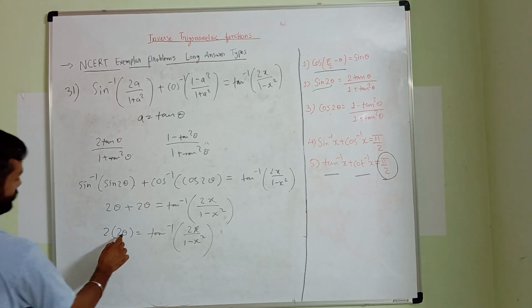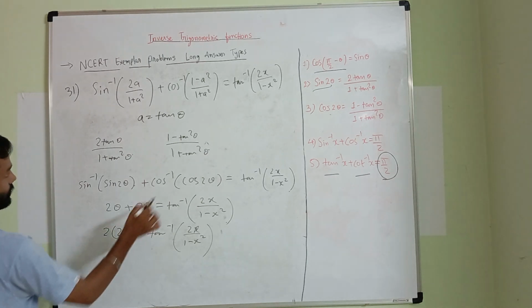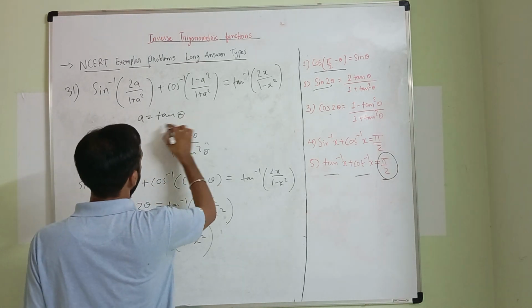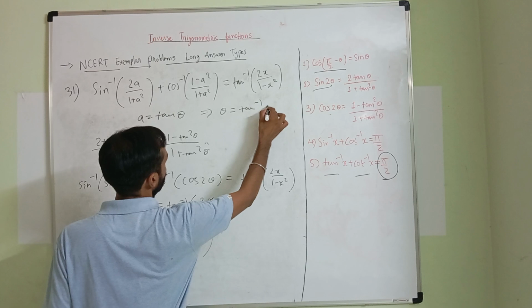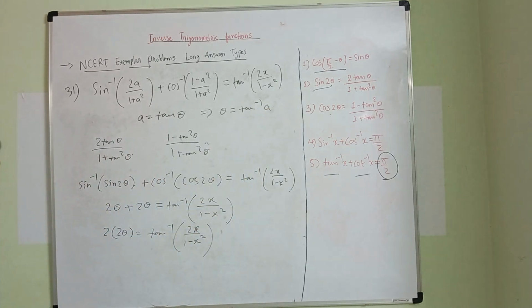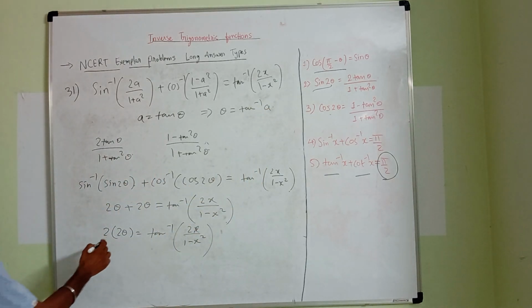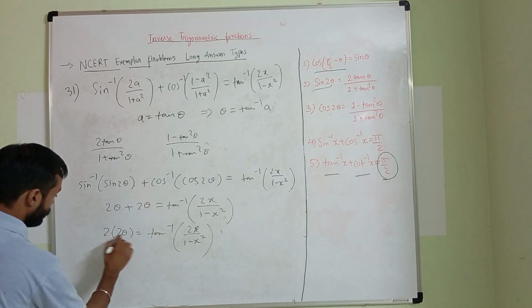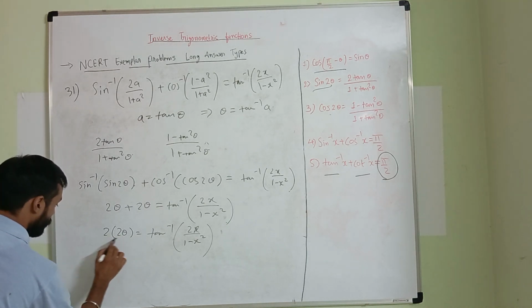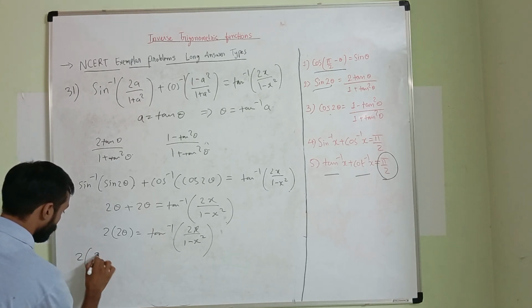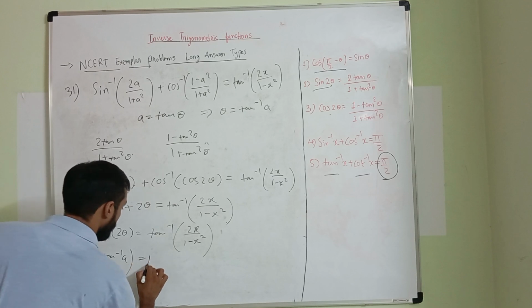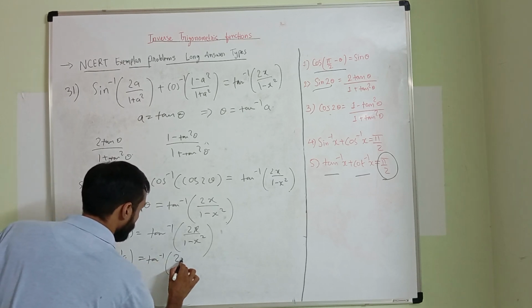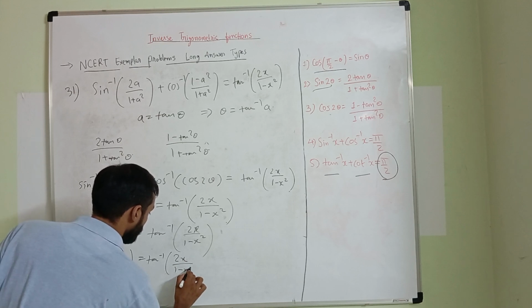Now if a equals tan theta, then theta will be equal to tan inverse of a. So replacing theta with tan inverse a, we write 2 into 2 of tan inverse a is equal to tan inverse of 2x upon 1 minus x square.